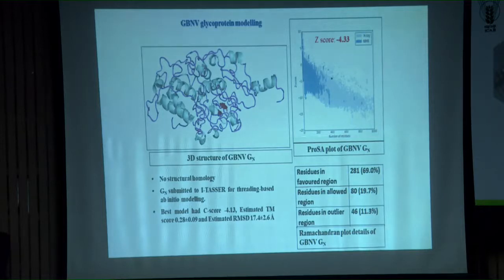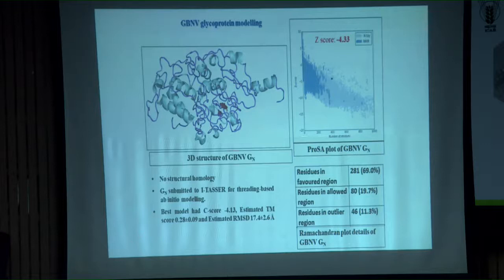Because in the Bunyavirales order, the glycoprotein is poorly studied, not only in the Tospoviridae family but among the whole order, it is the least studied. So there is no NMR or X-ray crystallography structure, and in other proteins also there is no similarity with this glycoprotein. So we went for ab initio modeling.